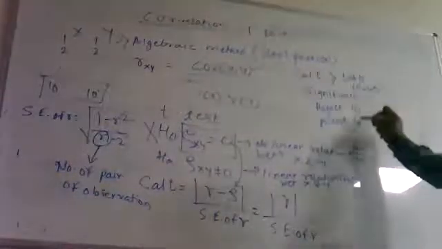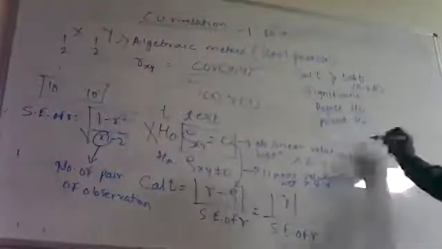Alternate hypothesis is exactly opposite to the null hypothesis. Null hypothesis is no linear relationship between x and y. So alternate hypothesis will be linear relationship between x and y. So we have to accept the alternate hypothesis. That means there is a linear relationship between x and y.